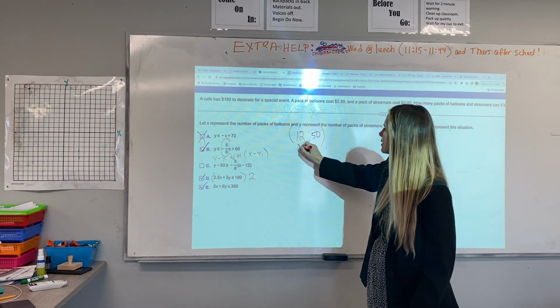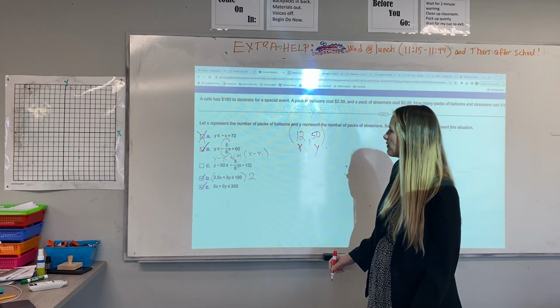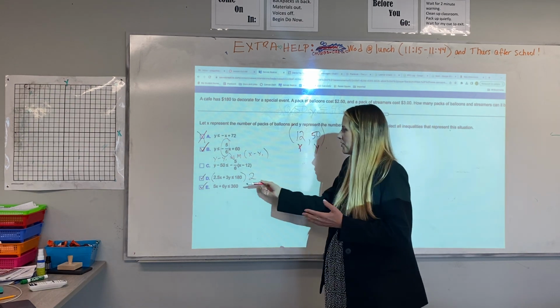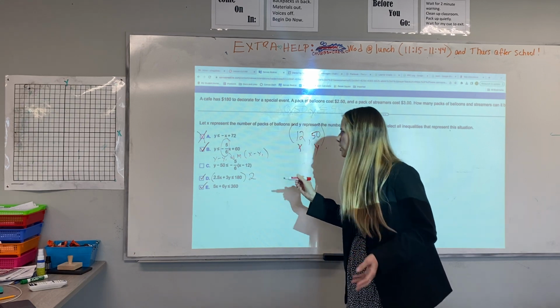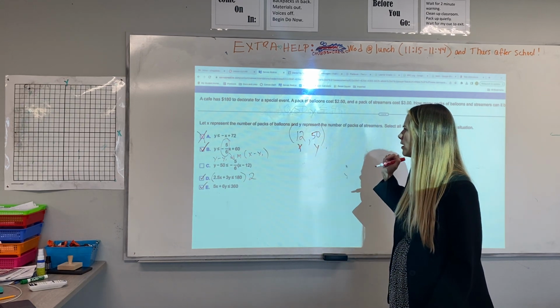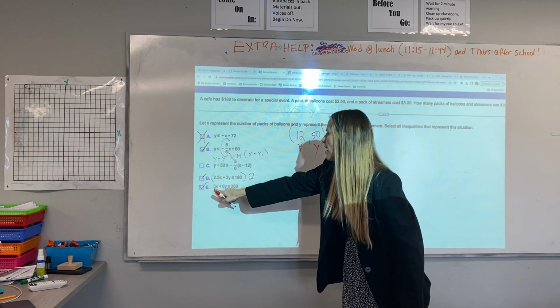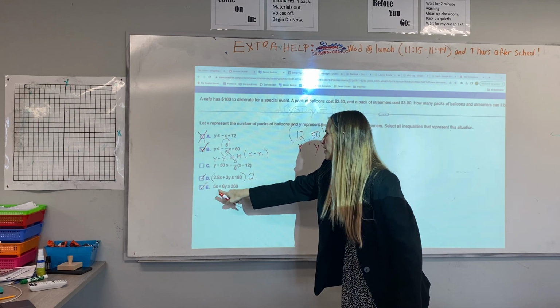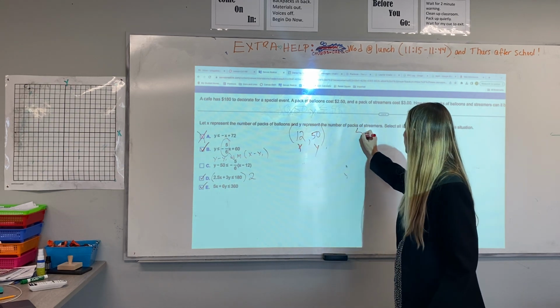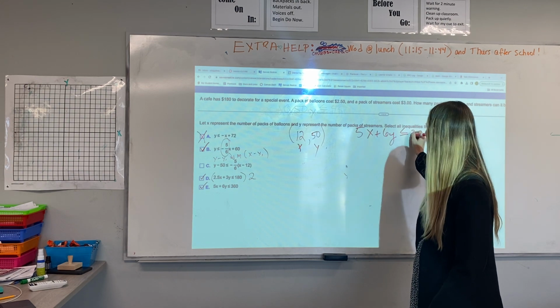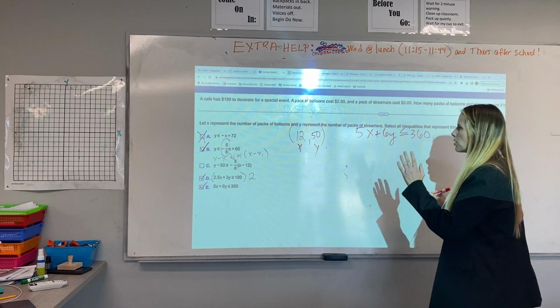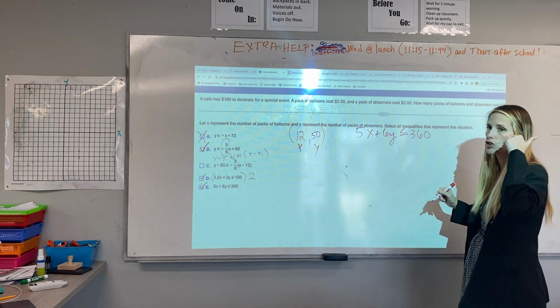I'm going to plug this as my x value and this as my y value into any one of these true equations. I'm going to do this one: 5x plus 6y is less than or equal to 360. All I'm going to do is plug in my values and see if this is true.